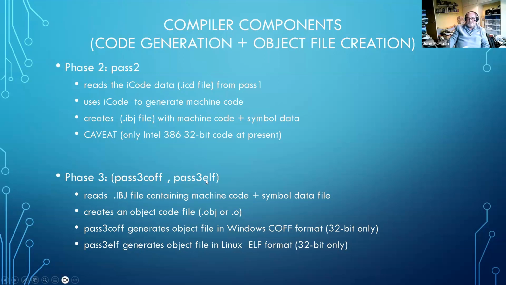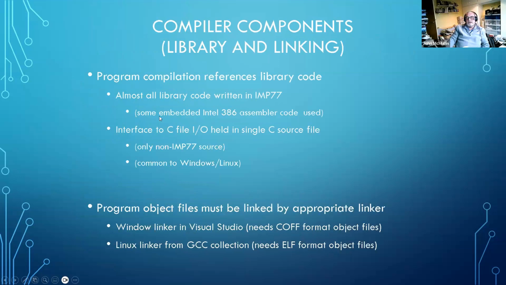Pass3elf will convert that identical IBJ file and create the ELF file. So you use it to target a program either on Windows or on Linux. And what other components are there?